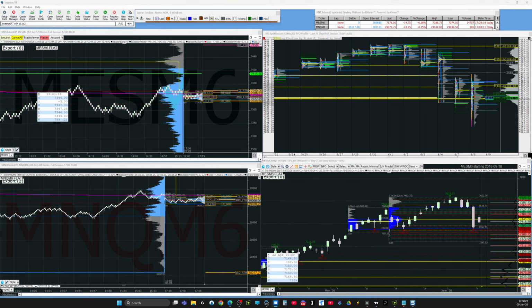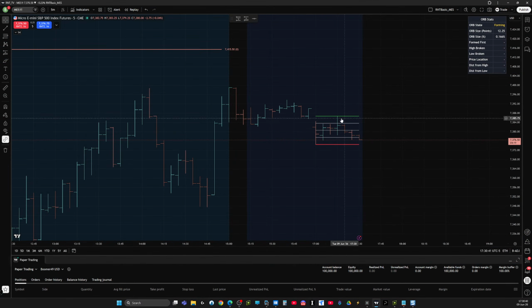And this is the opening range. At the end of the first hour, I'll put the opening range period close over here so that's boxed in. Just as if we look here, right here.